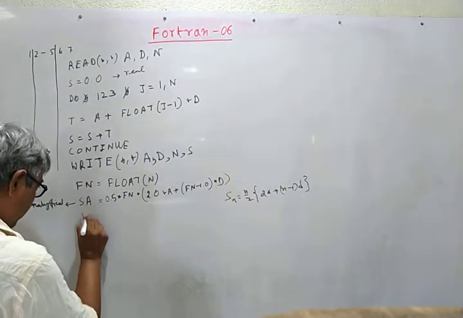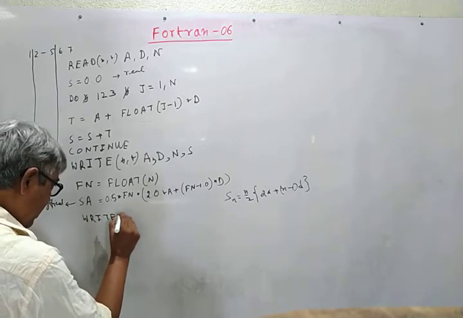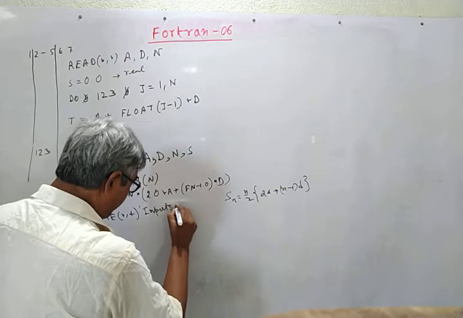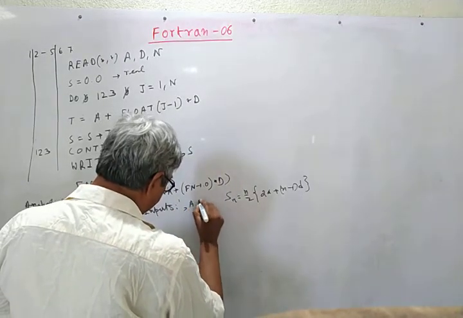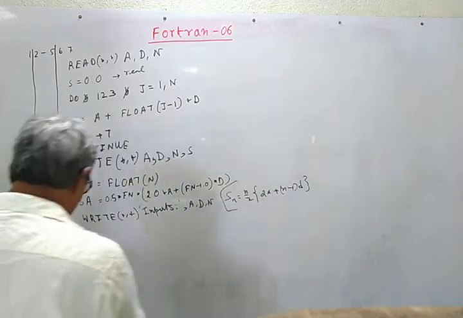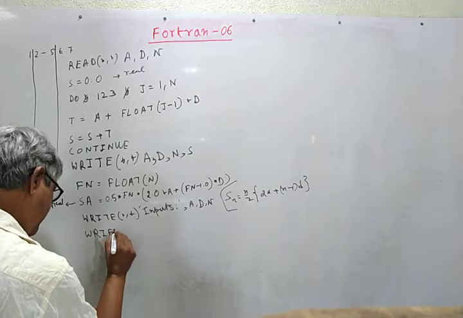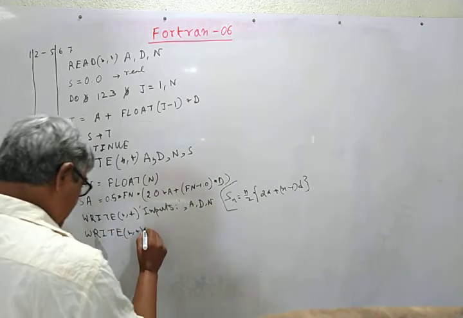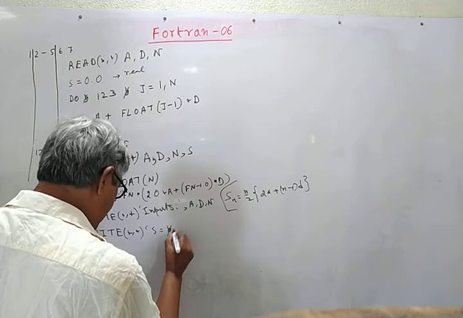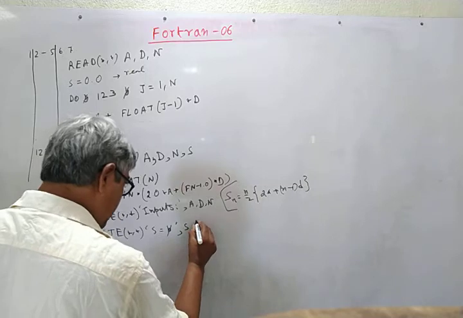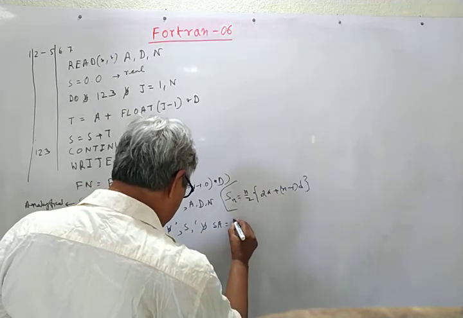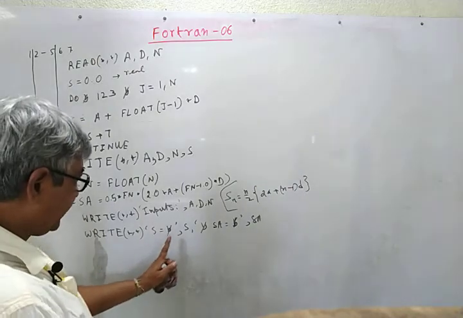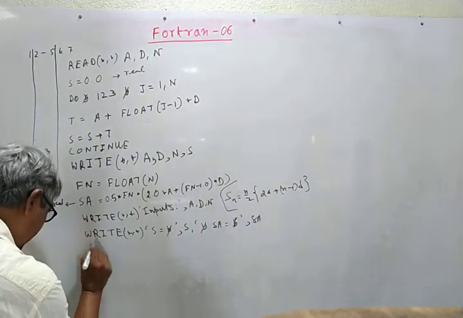And then you may also write inputs, a, d, n, and write outputs, S equal to, so it gives you the term by term calculated sum as well as the analytical sum, and then stop it.